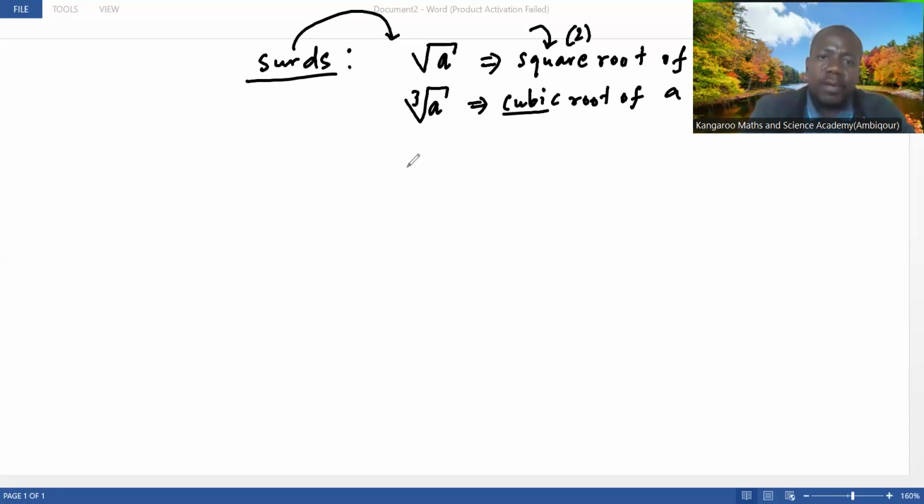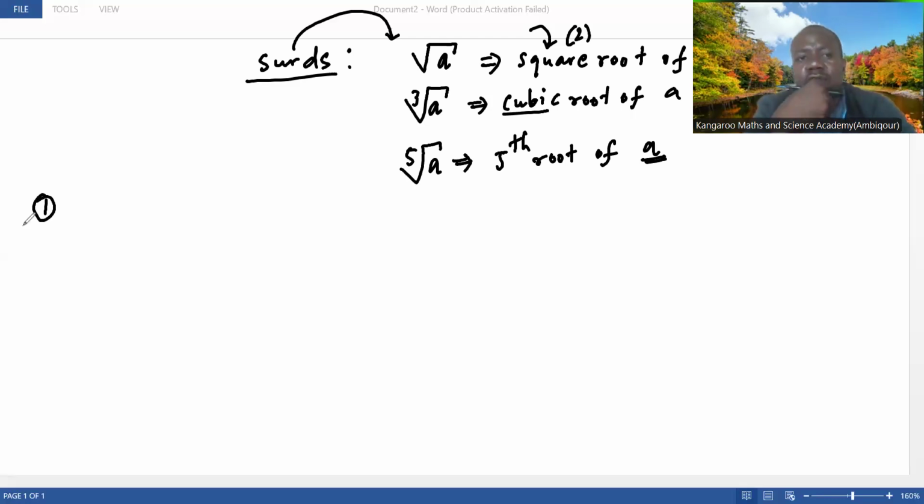How about this? This is the 5th root of a, and so on. Now, let me talk about the first law of surds.